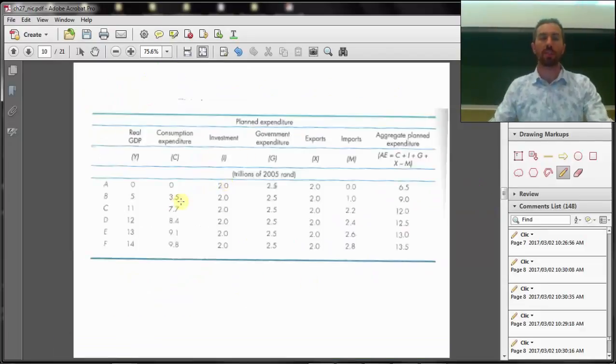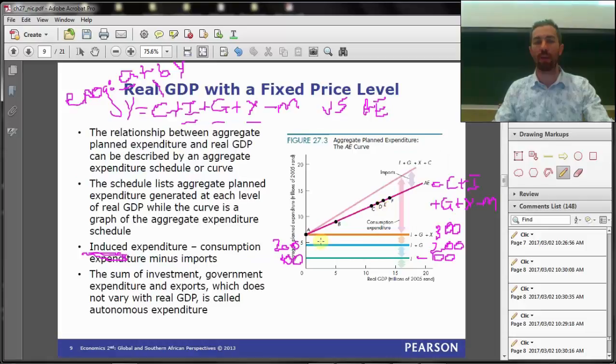So consumption, when real GDP equals 0, is 0, but investment is 2, government expenditure 2.5, exports 2, and our imports, we have a marginal propensity to import, which means as the value of Y changes, so our imports change. If our value of Y is 0, our imports are 0. So our aggregate planned expenditure is 6.5. That is our intercept point.